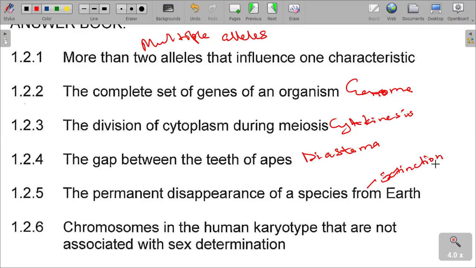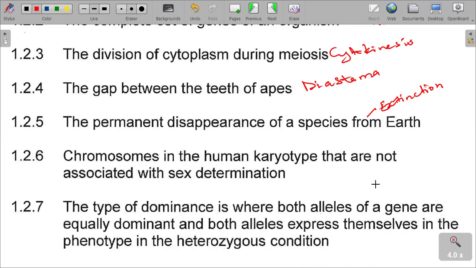I'm sure you know that for species that are still living, the opposite of extinction is extant. The chromosomes in a human karyotype that are not associated with sex determination, we call them autosomes, class.